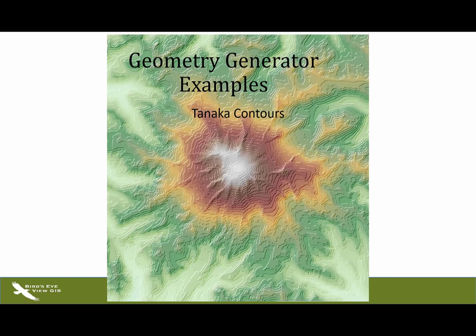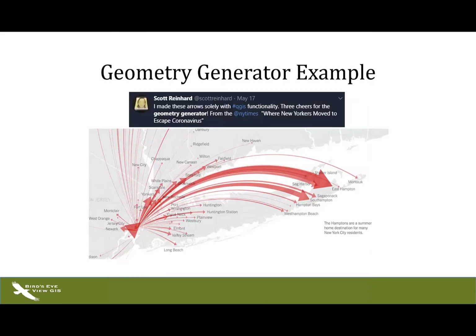You can also look up some good documentation on how to do this. Anita Grauser has done quite a bit on her blog about these. And to give you food for thought on what's possible, this is a gentleman I follow on Twitter, Scott Reinhardt, who works for the New York Times doing data viz.